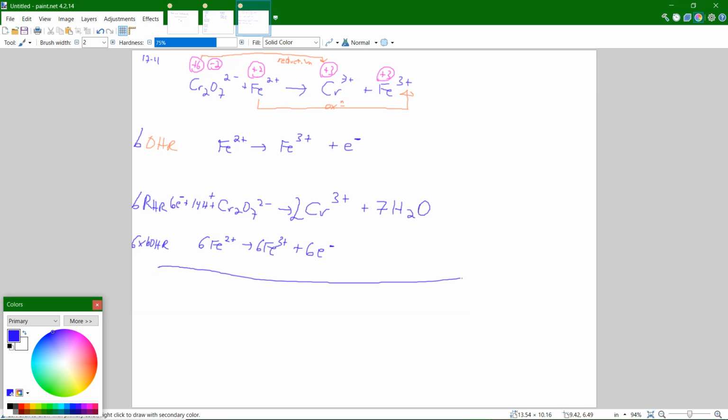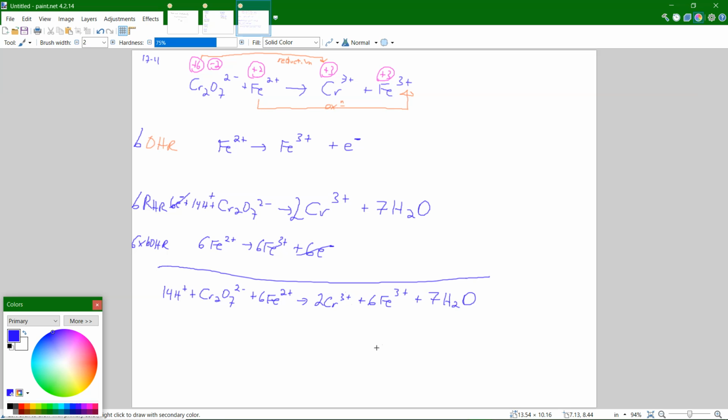And now I add these together, so the 6 electrons cancel out, and I end up with 14 H+ plus Cr2O7 2- plus 6 Fe2+ goes to 2 Cr3+, 6 Fe3+, 7 H2O.